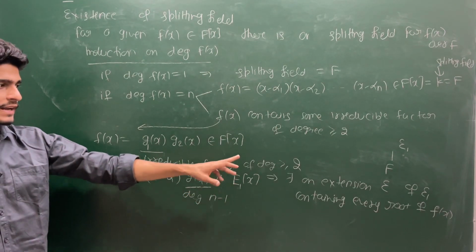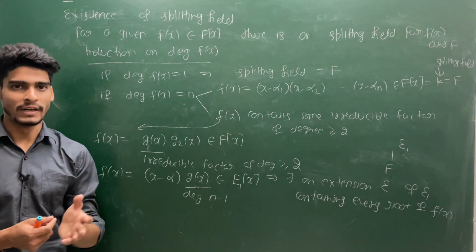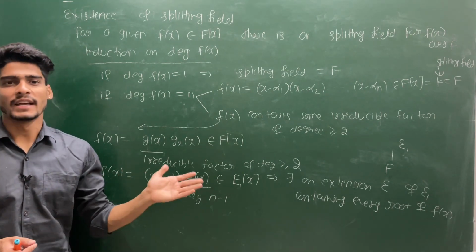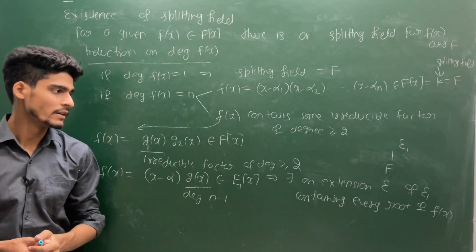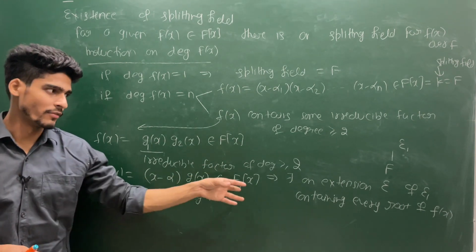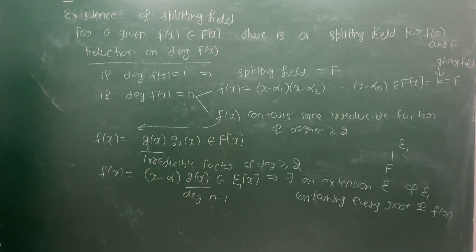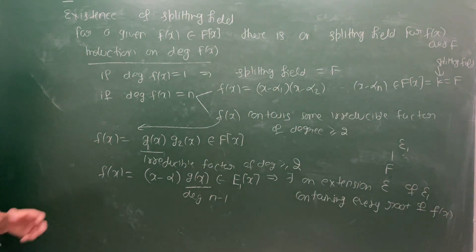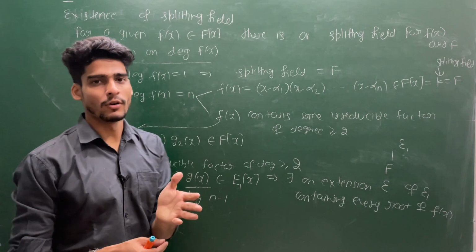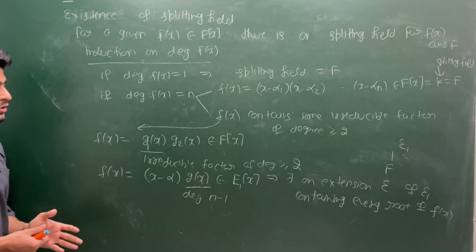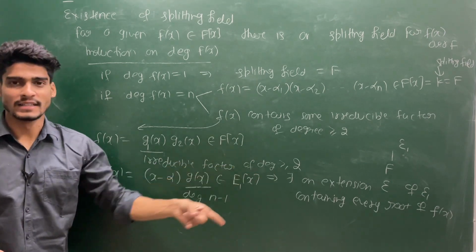The intersection of fields is again going to form a field, which you can verify. Whether you take a finite or infinite family, it does not matter. The proof is a one-line proof: the intersection of an arbitrary family of subfields forms a subfield. So you take their intersection, and you will get the desired result.